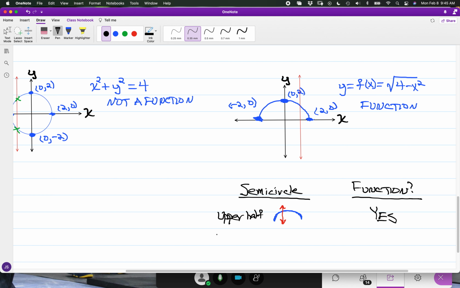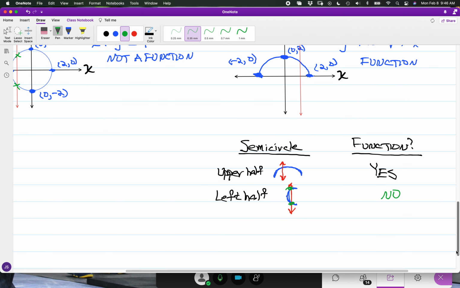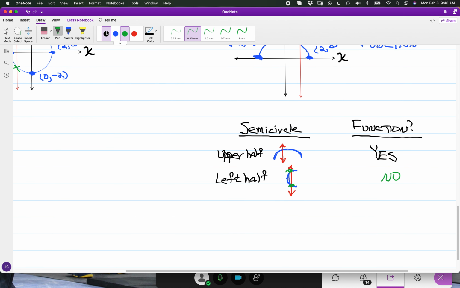Say I have the left half of a circle. Well, you notice you have the same x value, so you're going to have a violation. This would not be a function.